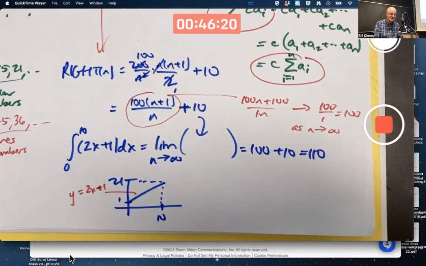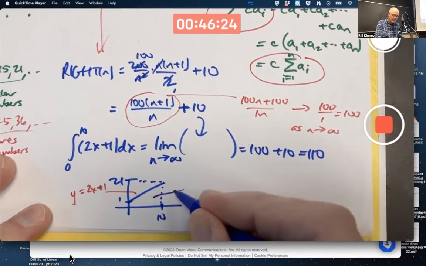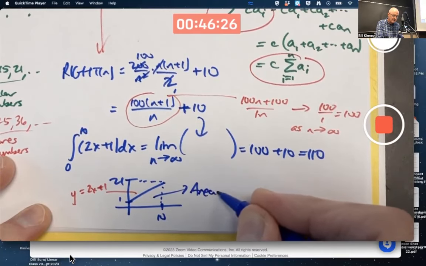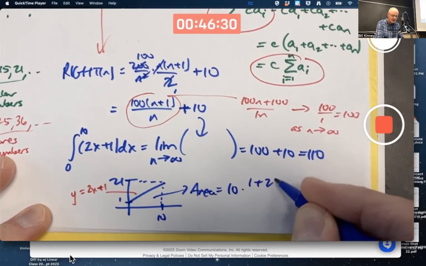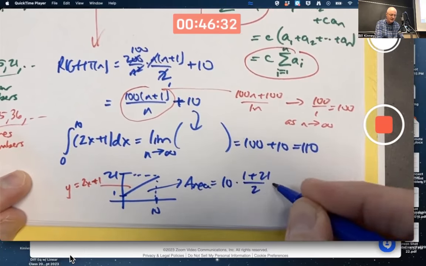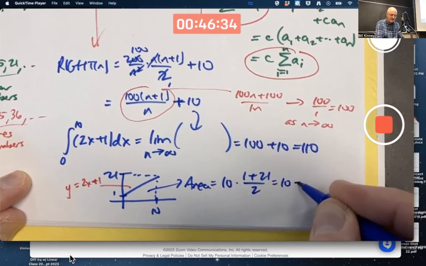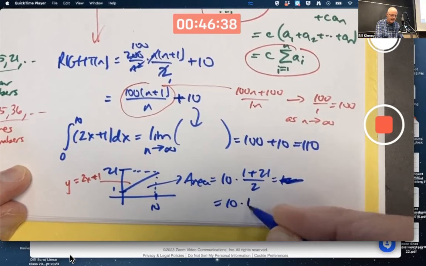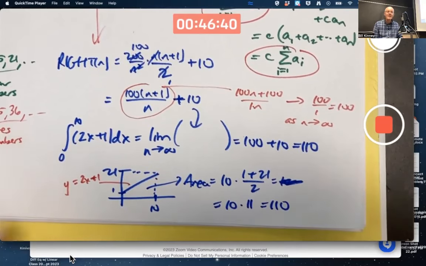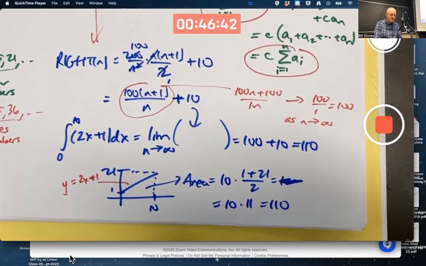Height when x is 10 is 2 times 10 plus 1, 21. The area here is the base 10 times the average of the heights. 10 times 22 over 2 is 11. 110. Same answer.